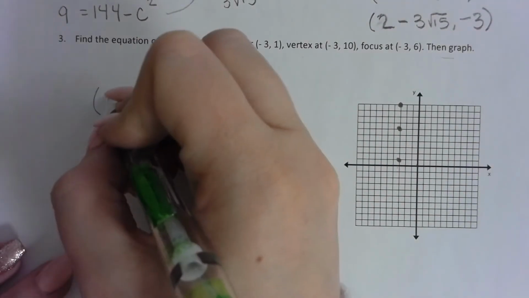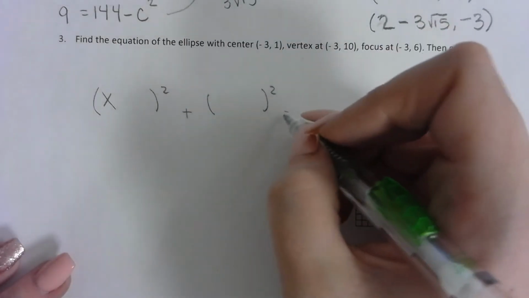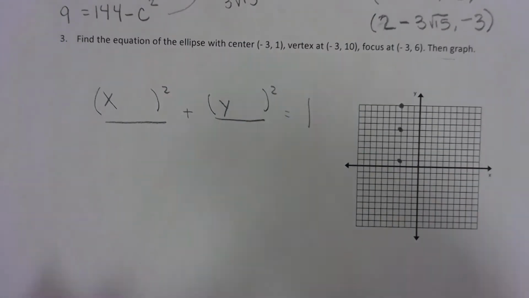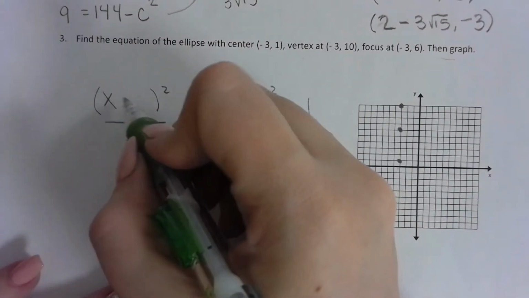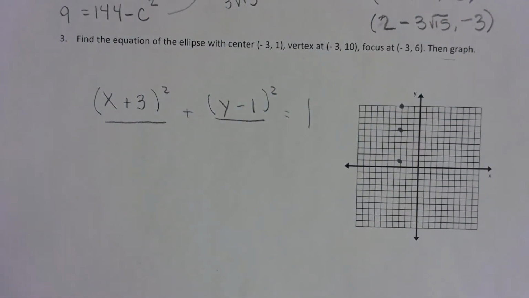So we know that first of all, we could set up at the very least our problem with our center. Our center is at -3, +1. So -3 would mean +3, and then +1 would be -1. Now we know that the a value tells us our vertices.